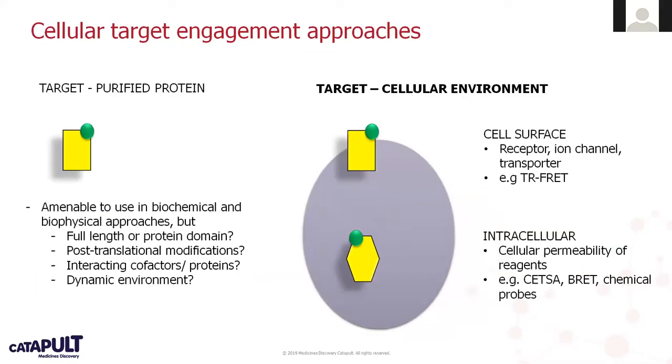So, for an example here, hits are often identified in a screen that uses a purified protein as a target. And it might be very amenable to use that purified protein in a biochemical or biophysical characterization of its mechanism and its binding characteristics. But that purified protein is unlikely to represent the target as it will be in its cell environment.